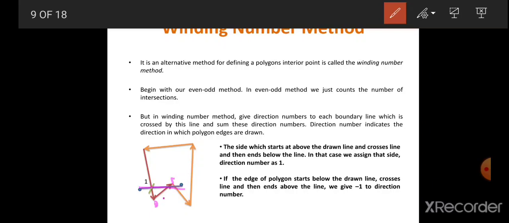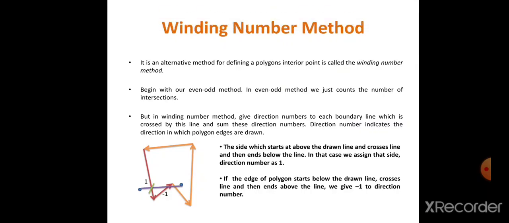In this case we have to consider this line as -1. In this way we have to calculate that. You can see here it will be considered as -1, because this line starts below the drawn line and ends up above the drawn line, that is why it is considered as -1.